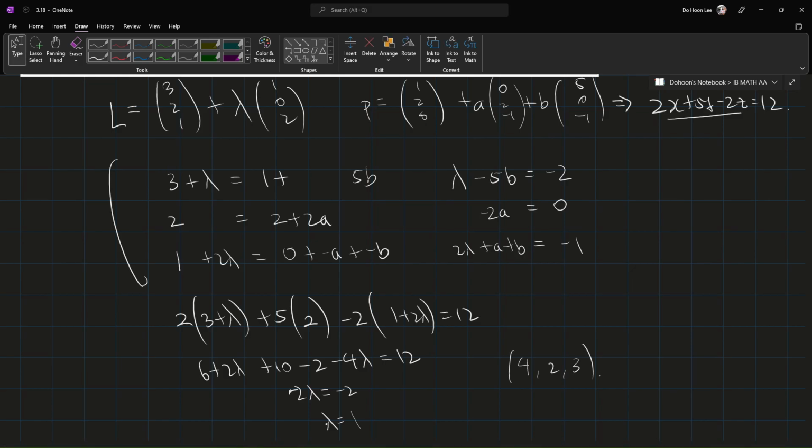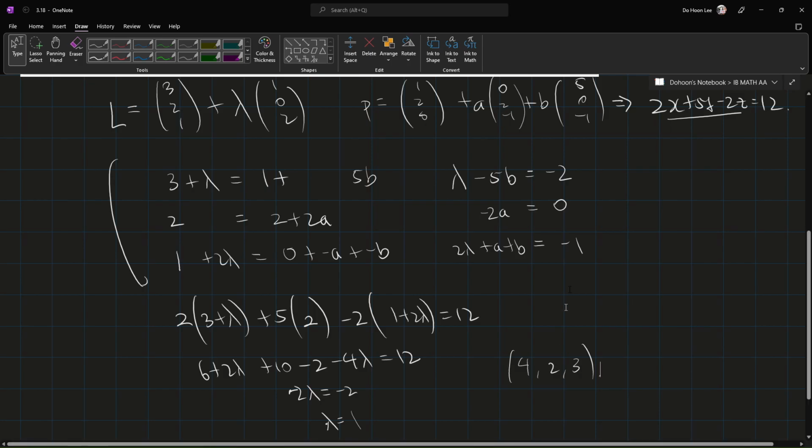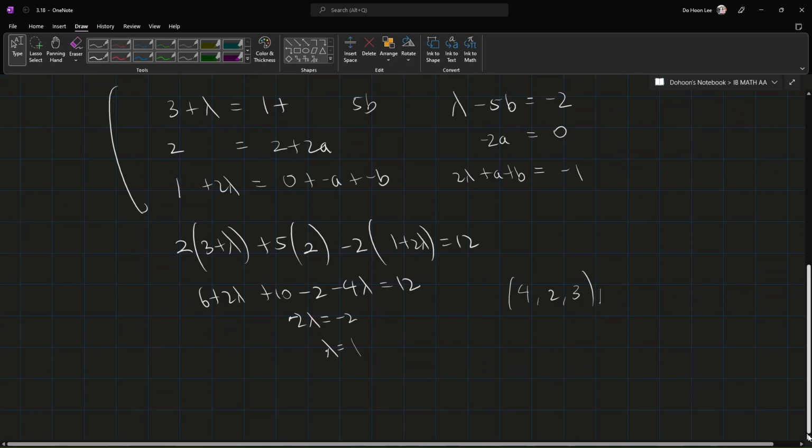Alright, so we found the point of intersection between a line and a plane. And then can we find the angle between the line and the plane? For this one, we can use the normal vector of the plane to help us find that. And we can draw the situation like this.